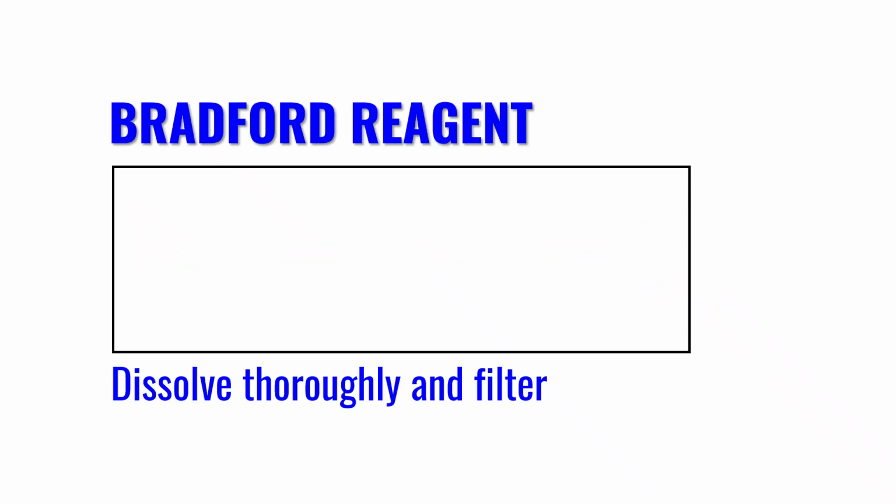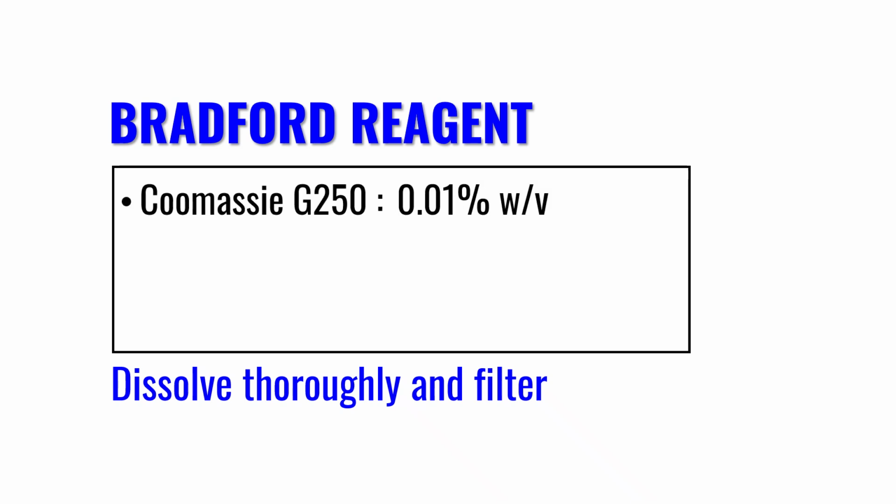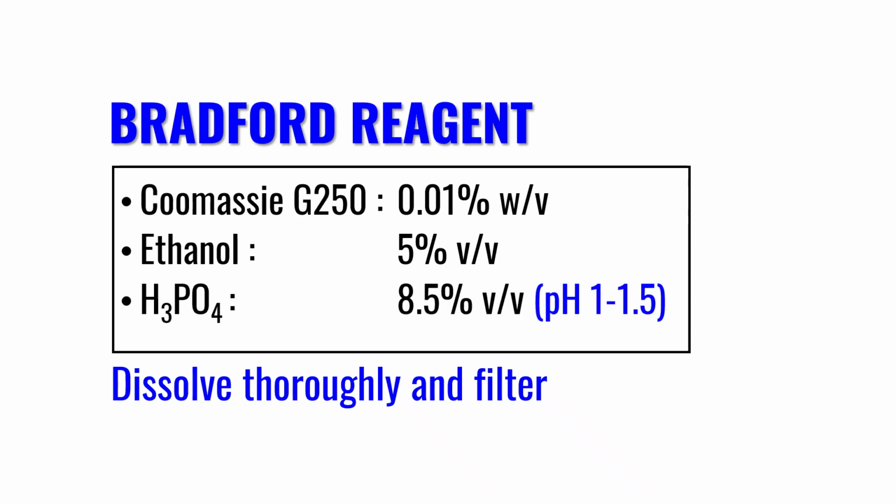The composition of the working solution of Bradford reagent is as follows. Coomassie G250 is 0.01%. It is dissolved in ethanol first and then it is filtered. Ethanol is 5% volume by volume final concentration. Phosphoric acid maintains the pH around 1 to 1.5, at a final concentration of 8.5%.